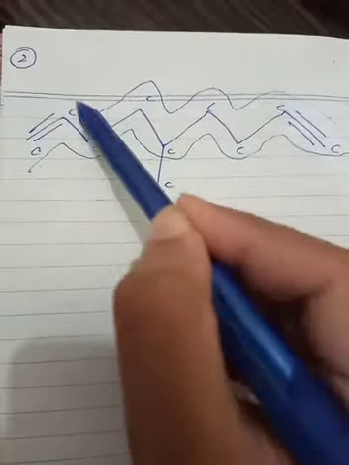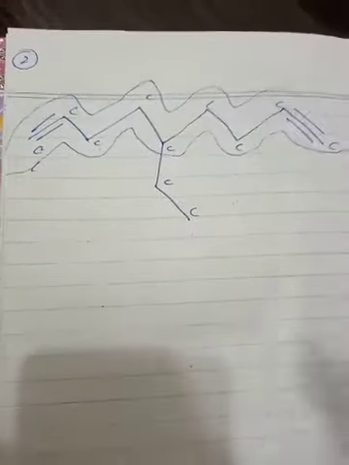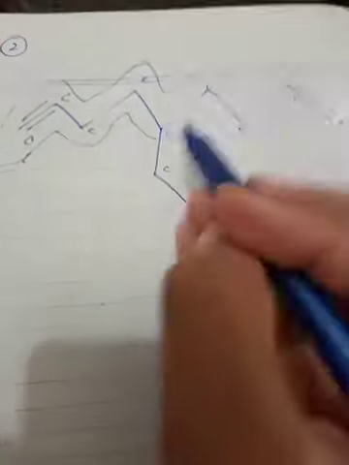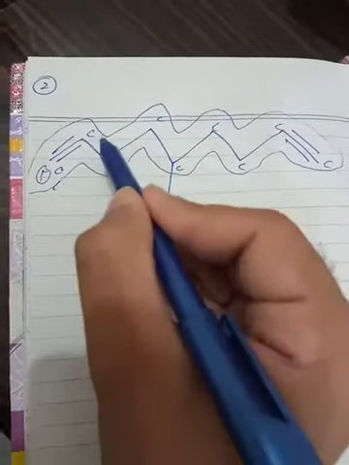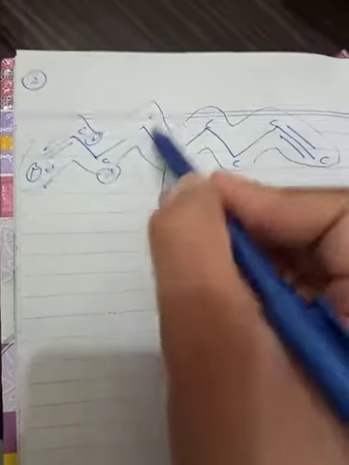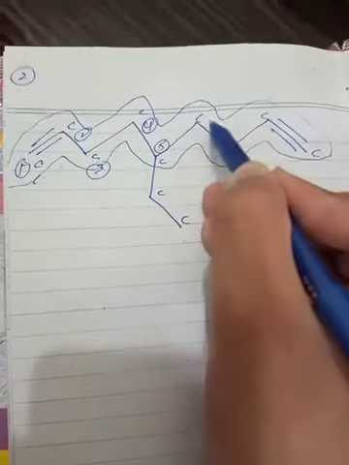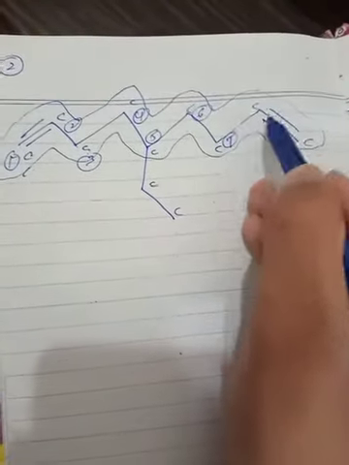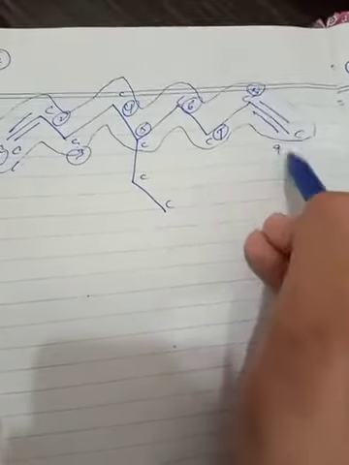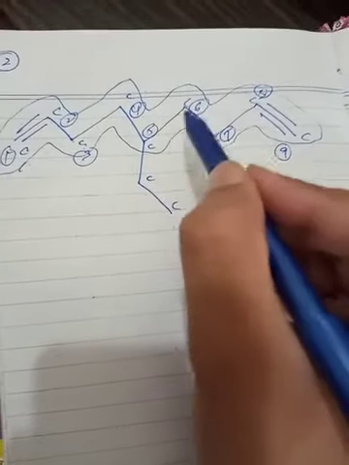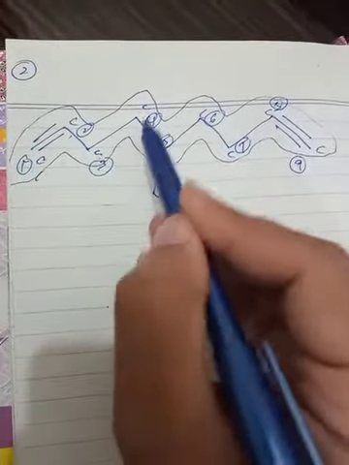You can select the chain just by seeing this compound because there is no other longest chain other than this. Now you have to number, the second rule. 1, 2, 3, 4, 5, 6, 7, 8, 9. 1, 2, 3, 4, 5. 1, 2, 3, 4, 5.